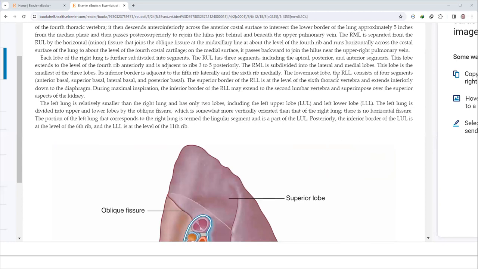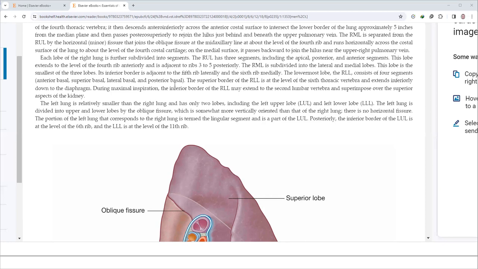And the lowermost lobe, or the right lower lobe, consists of four segments: anterior basal, superior basal, lateral basal, and posterior basal. Okay, so again, the right upper and middle lobe. Why am I repeating stuff? Just to stick to your mind. So we said that for the right upper lobe, we have the apical, anterior, and posterior.